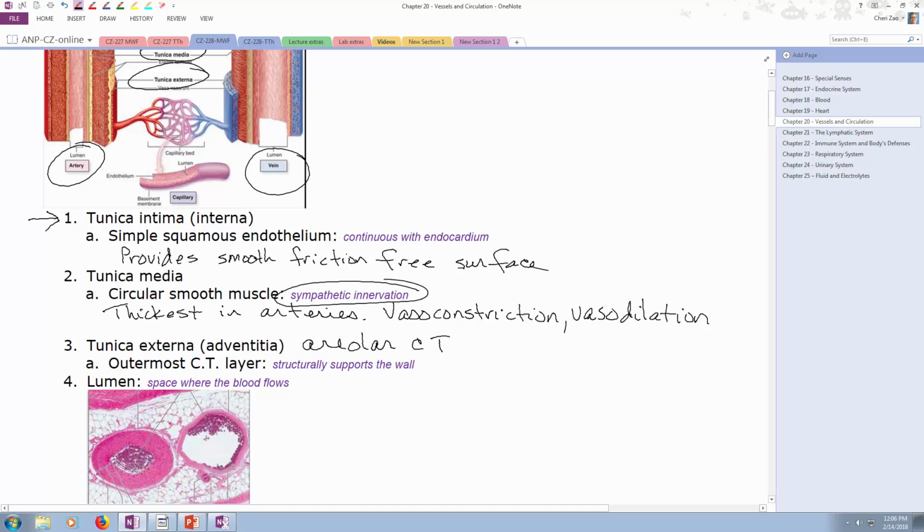Remember, areolar CT is that cottony CT that itself can be very vascular. It's important because this tunica externa is going to anchor the blood vessels in their area and helps to keep them in place. The interesting thing about this tunica externa is that it is thicker in veins than it is in arteries.